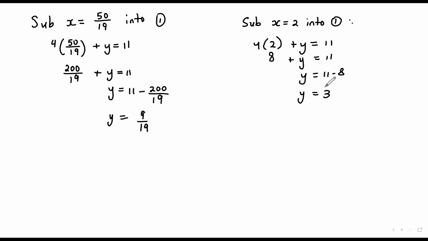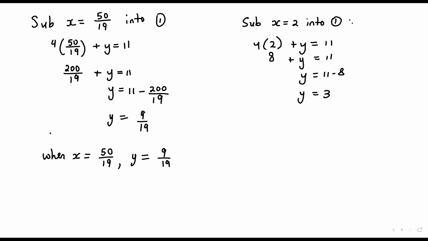So your two solutions here: when x is equal to 50 over 19, and like I said, you can write it as a decimal if you wish, y is equal to 9 over 19, right? As a decimal, 9 over 19 is 0.472 to three significant figures, and 50 over 19 is 2.632 to three decimal places, right?